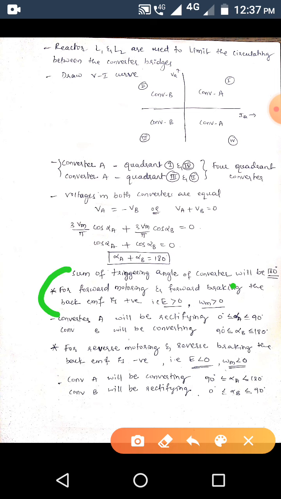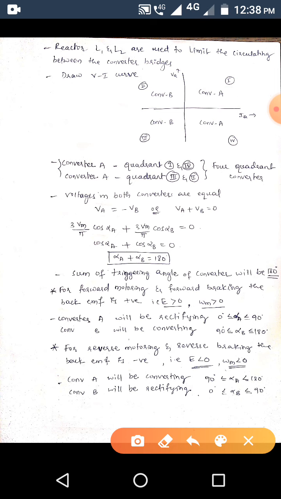As I already discussed, when the drive is in forward motoring and forward braking, the back EMF generated in the drive will always be greater than 0, in quadrants 1 and 4. In both these cases the back EMF is positive as well as the speed is positive.